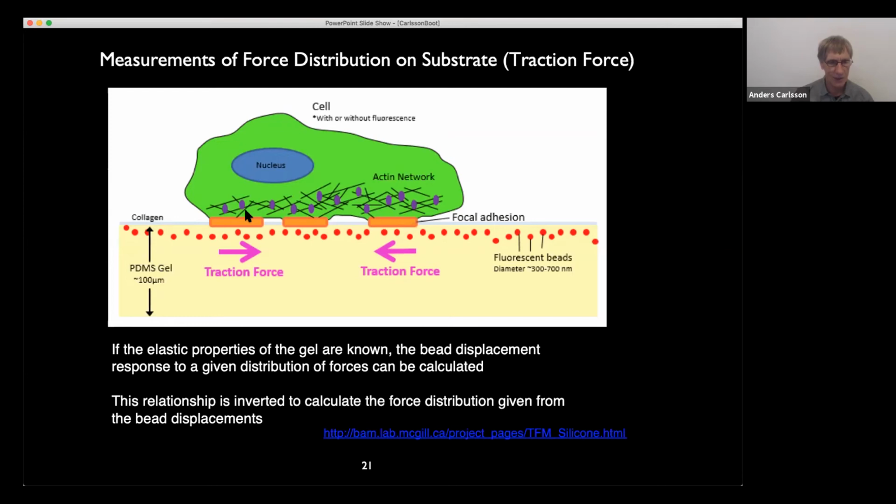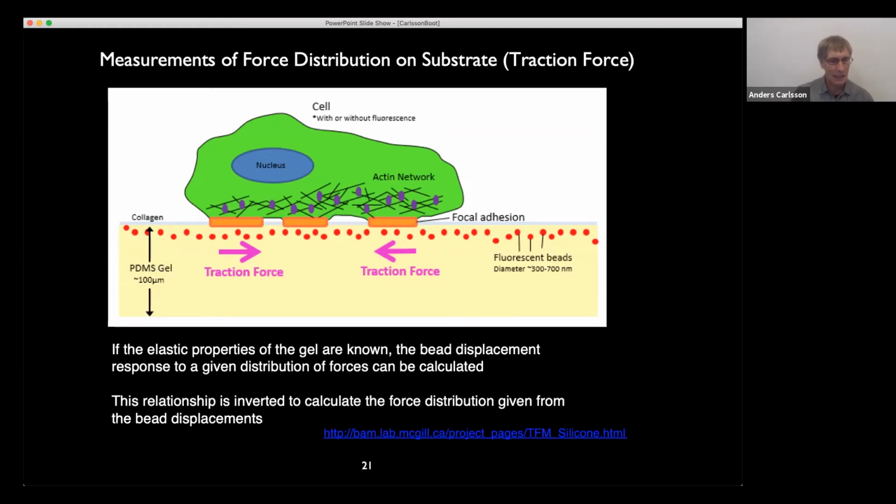It attaches to the substrate via focal adhesions, and then we'd like to measure the forces exerted by those focal adhesions. And one way of doing that is to use fluorescent beads.